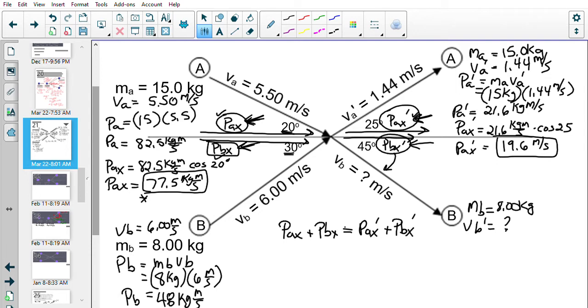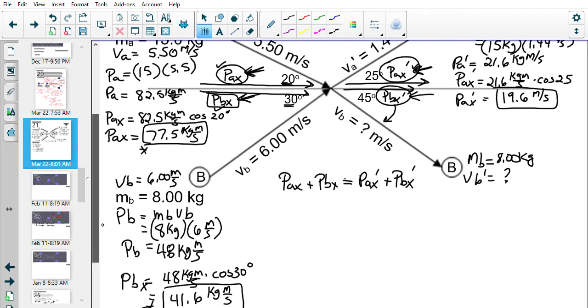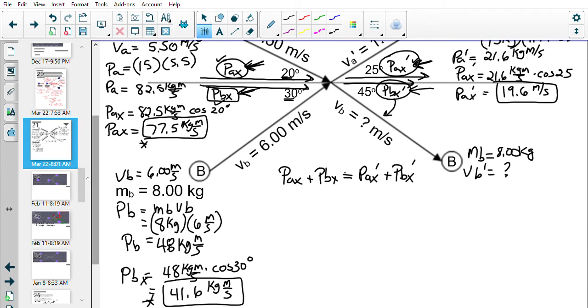All the x's before must be equal to all the x afters. So my PAX is the 77.5. My PBX before is 41.6. My x after is 19.6. And my PBX prime, we don't know.